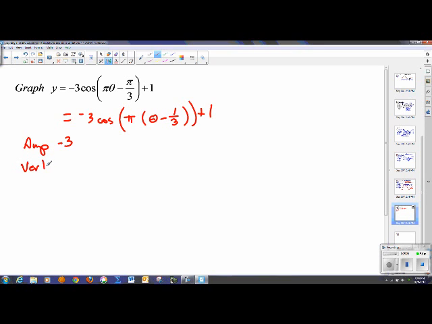Vertical translation equal to 1. Phase shift is 1/3. Period is 2 pi over k, which is pi, or in this case, 2. I now have intervals of 2 over 4 or a half.